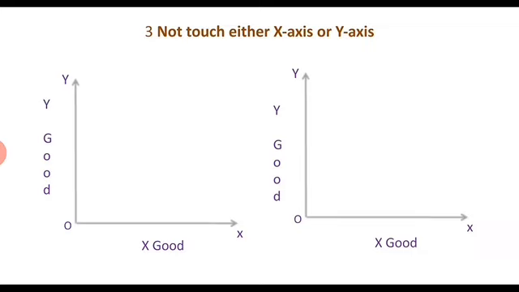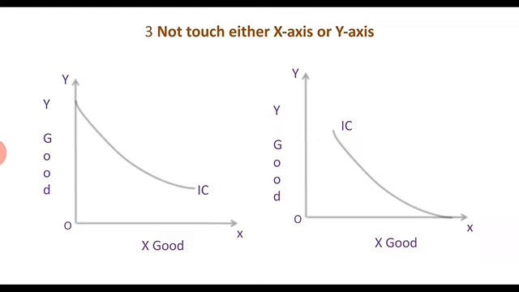Indifference curves do not touch either the x-axis or y-axis. In diagram A, the IC curve touches the y-axis. That means in that combination there is no x good, yet it gives the same satisfaction as the other combinations. It is not possible. So the IC curve does not touch the y-axis.